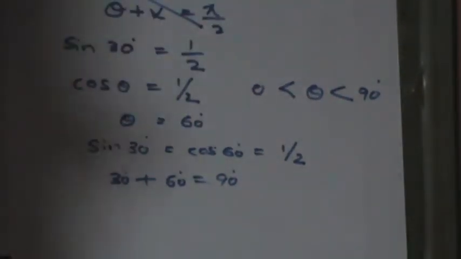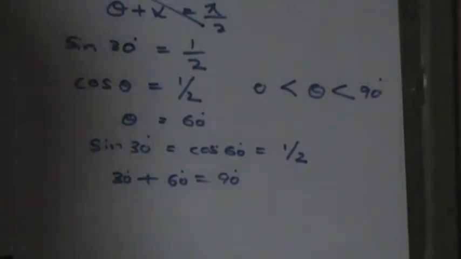So sin 30 equals cos 60, and you know that 30 plus 60 is equal to 90. So for any angle, not only 30 and 60, but 45 and 45, 15 and 75, or 1 and 89, sine and cos are cofunctions.